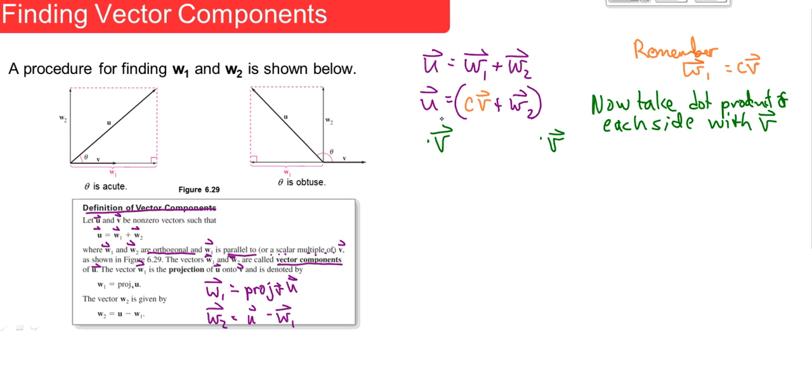So we're going to take U dot V, and that's equal to (CV plus W2) dot V. So now we've got a dot product in here that we'll be using.